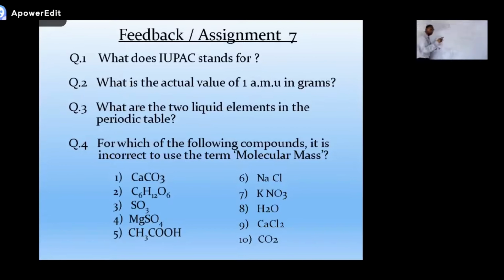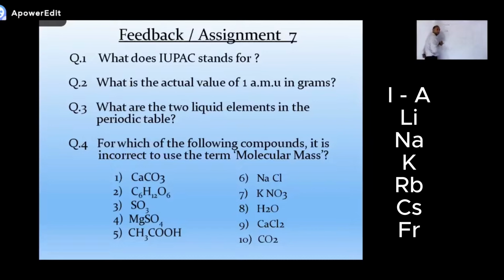For question number 4 of the assignment, the hint. See, there is a periodic table. We have a group, 1A group. Its members are lithium, hydrogen we do not include, lithium, sodium, potassium, rubidium, cesium, and francium.